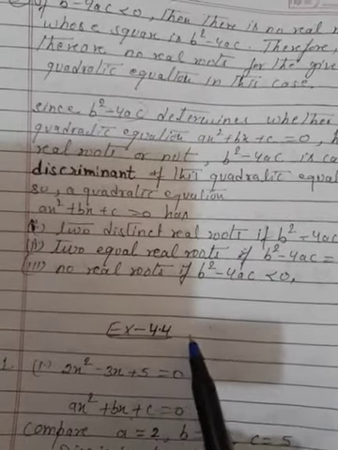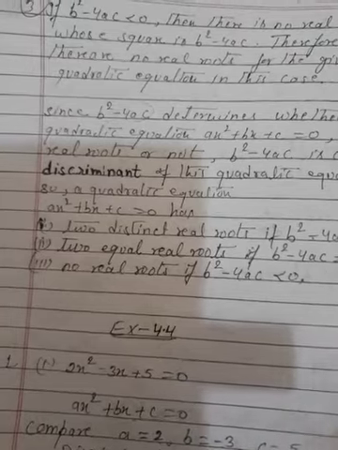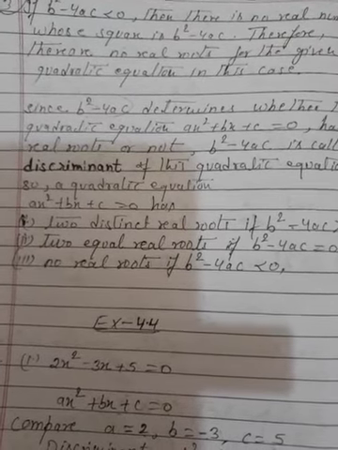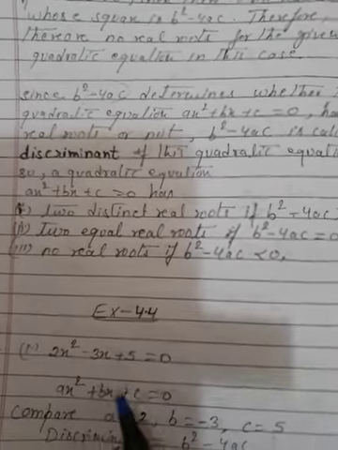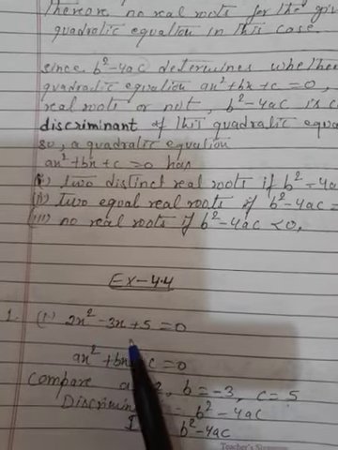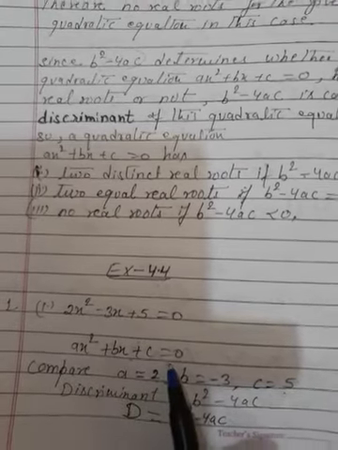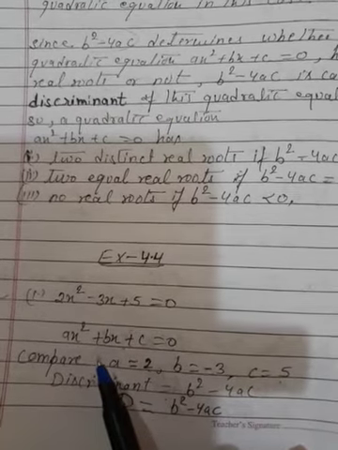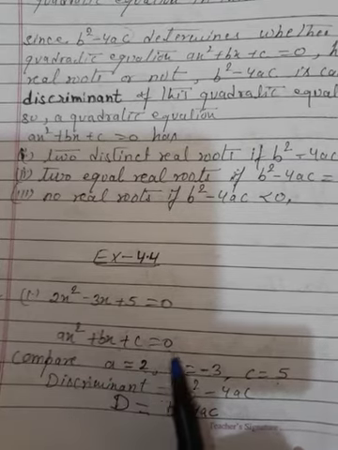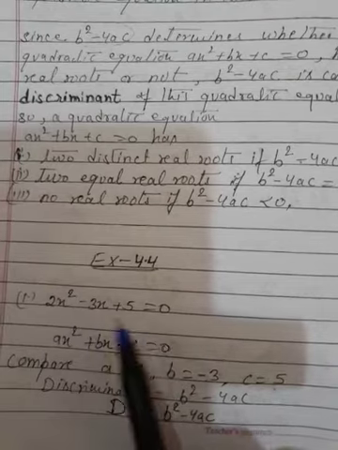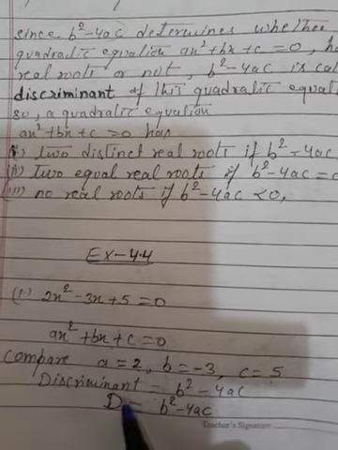So exercise 4.1, the first question: we have to find the nature of the roots by finding the D over here. So you see, 2x square minus 3x plus 5 is equal to 0. Let us compare with the standard form of the quadratic equation ax square plus bx plus c equals 0. Compare: a is equal to 2, b is equal to minus 3, c is equal to 5.